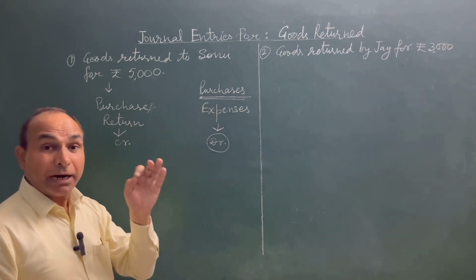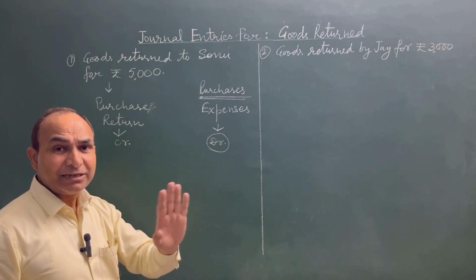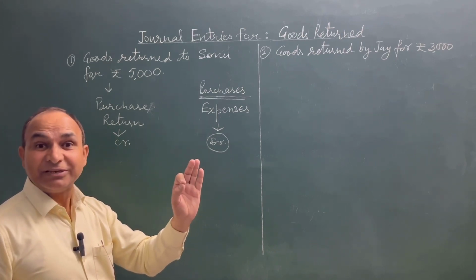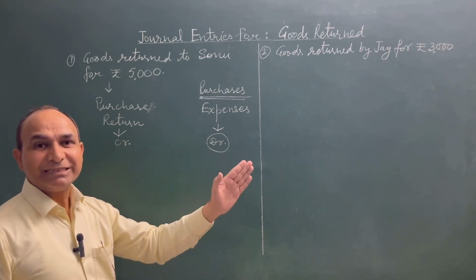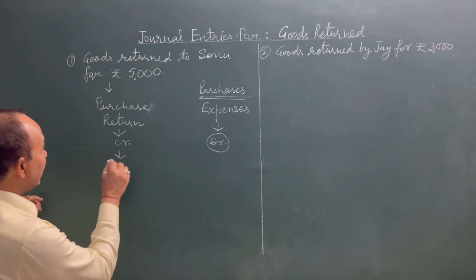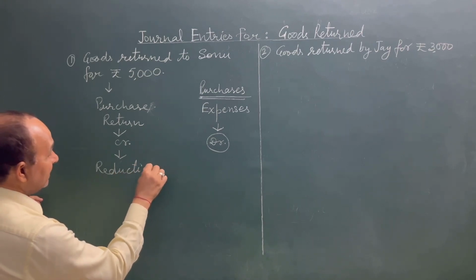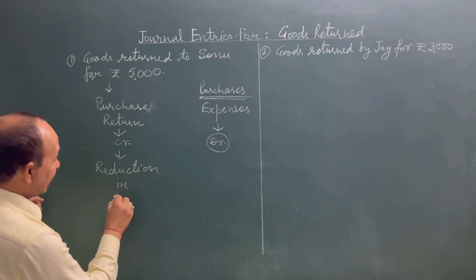But the part of purchases which is returned to the suppliers cannot be converted into revenue, cannot be converted into sales. That's why purchase return is termed as reduction in expenses, decrease in expenses.